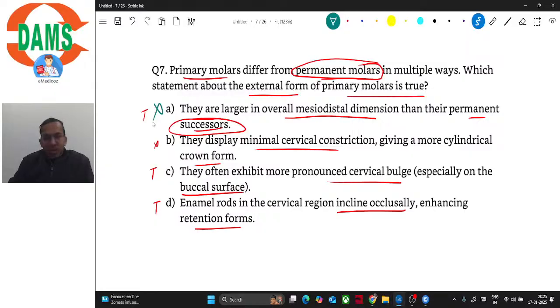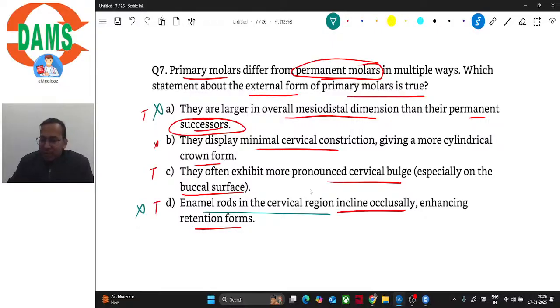Though this statement is true, it can't be the answer. Option D says enamel rods in the cervical region incline occlusally, enhancing the retention form. That's the general statement for any primary tooth, so again this is incorrect because it does not specifically compare the primary molar with the permanent molar.